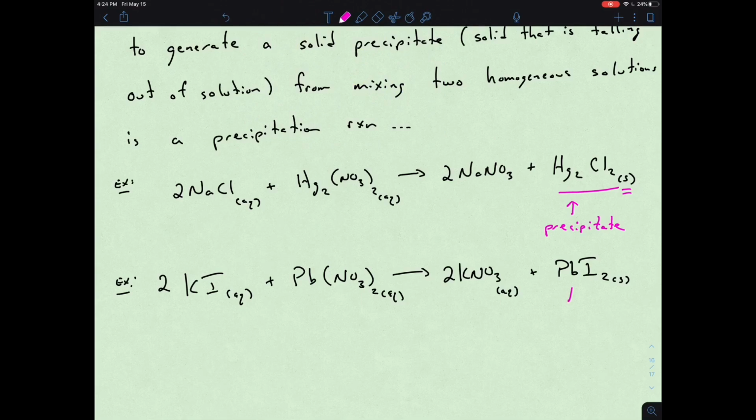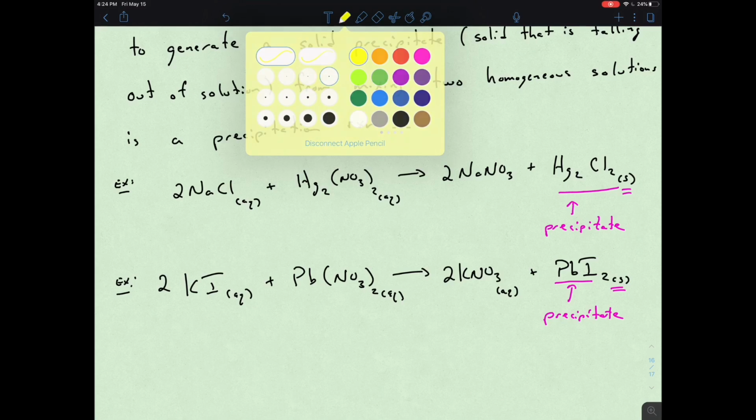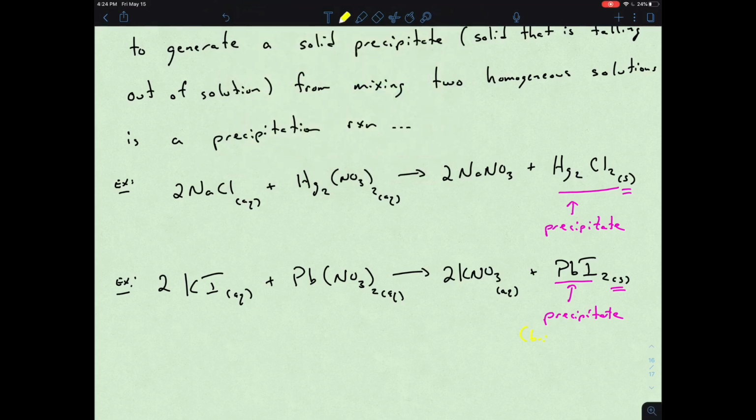And so here again we have the solid precipitate. And this one is a bright yellow color. Here's an example demo of making lead iodide using a precipitation reaction.